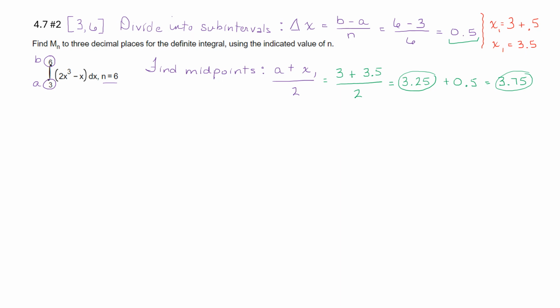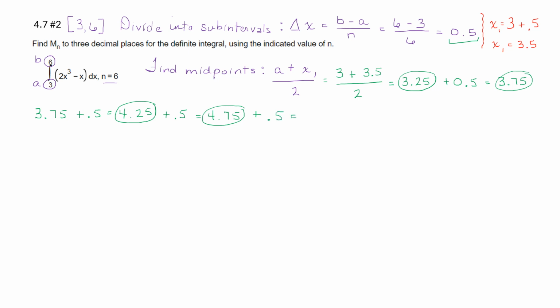All right, let's add 0.5 to that. And that gives us 4.25 as our next midpoint. Add 0.5 to that, and we get 4.75 as our next midpoint.